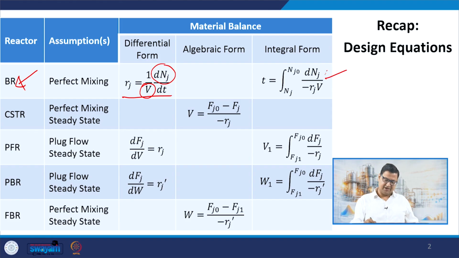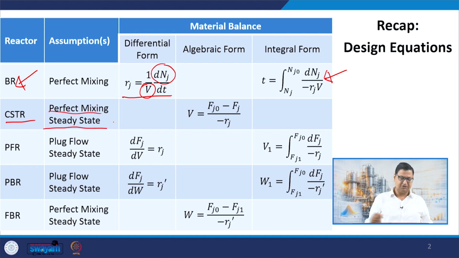And then we also have an integral form for the time taken. For a CSTR, we assume perfect mixing and we also typically assume steady state, not always, but typically, and then we get a simple algebraic form. And for the PFR, we assume that we have plug flow conditions and we typically also assume steady state, and again we have a differential form and an integral form for the total PFR volume.